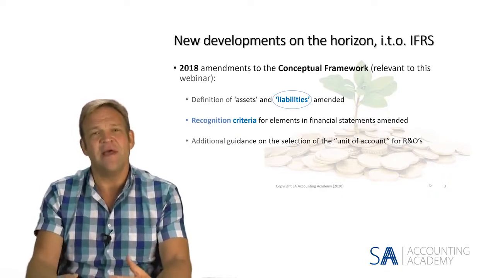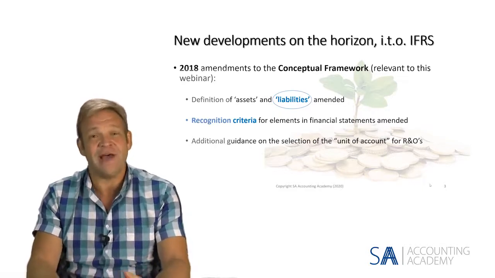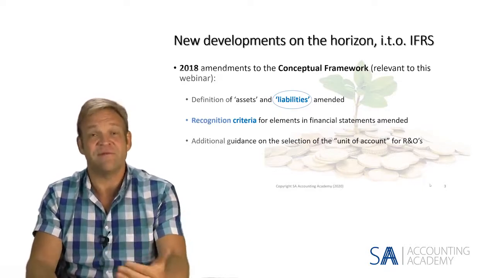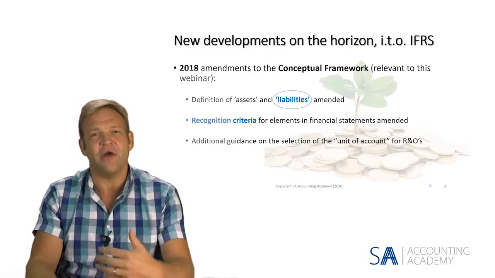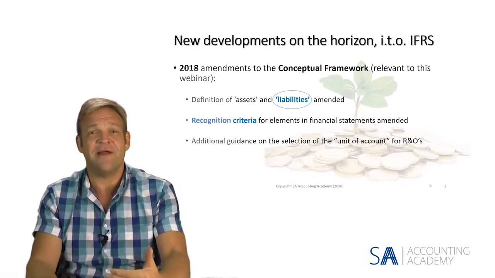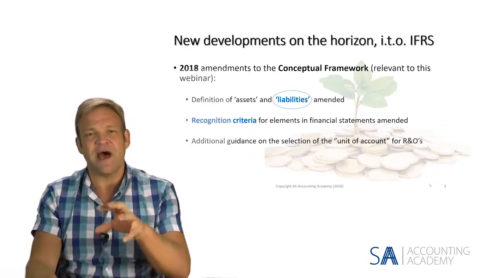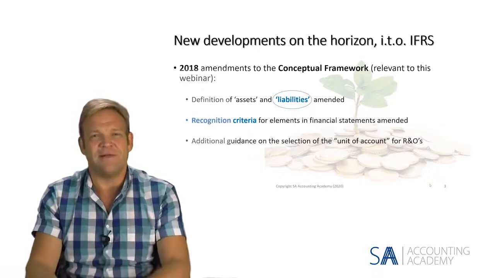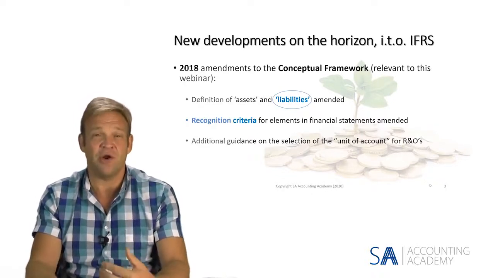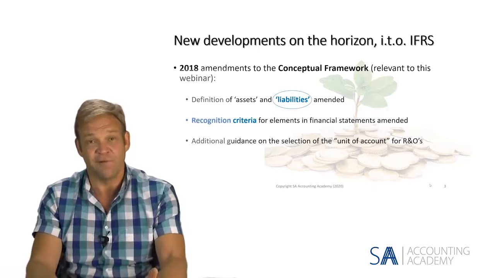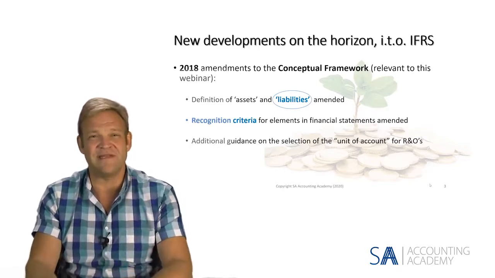And that is why additional guidance has also been provided in the full IFRS's conceptual framework, so that you are enabled to make a clearer selection on the unit of account. So I'm only highlighting these three particular items because I believe they could have an impact on the way that we look at liabilities, also from the point of view of the IFRS for SMEs going forward once the IFRS for SMEs gets updated.